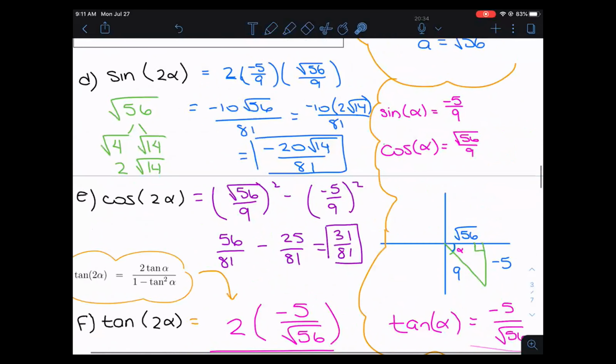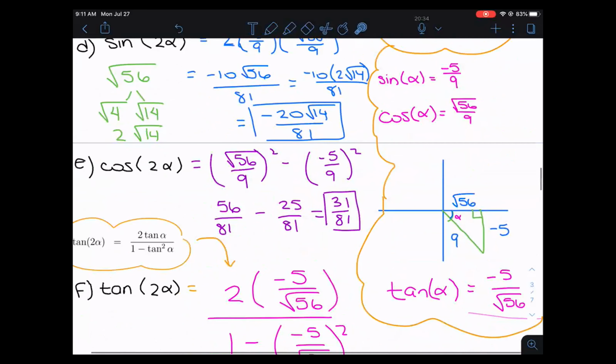I'm going to need tangent a little while later, so I'm just going to say that right now. Tangent is opposite over adjacent, so that's -5 over the square root of 56.